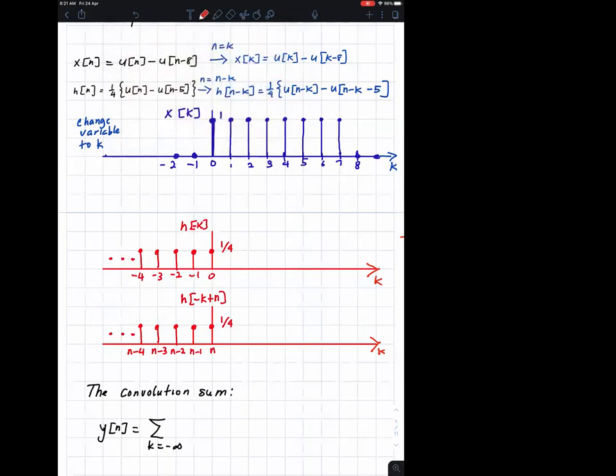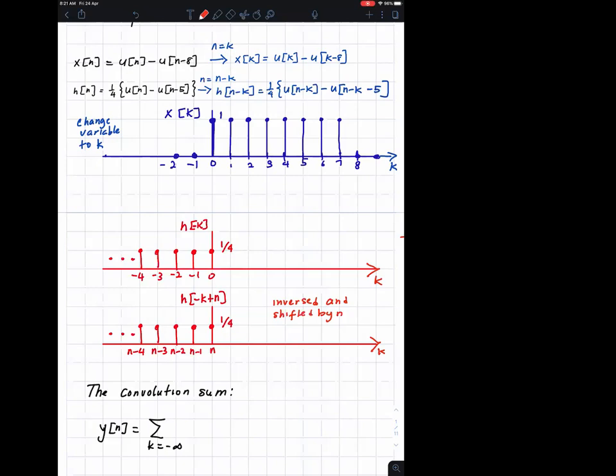In this one, what you did, you inverted the signal, inverted and shifted by n. So you have done some operation on the signals.